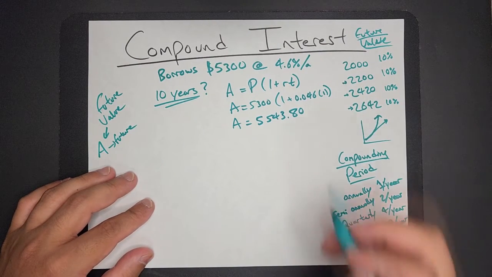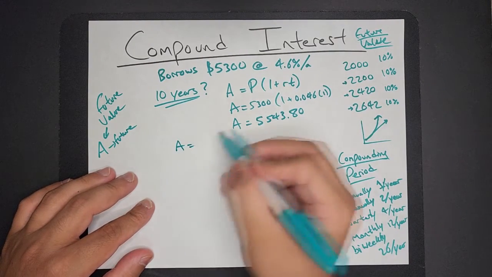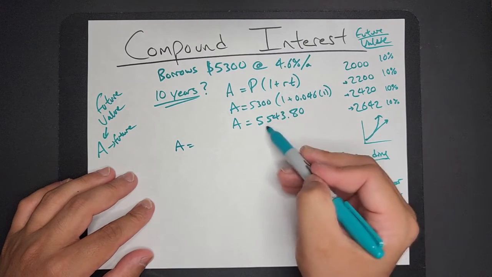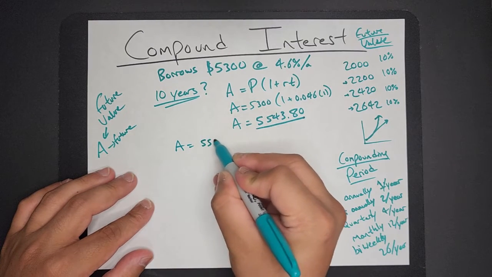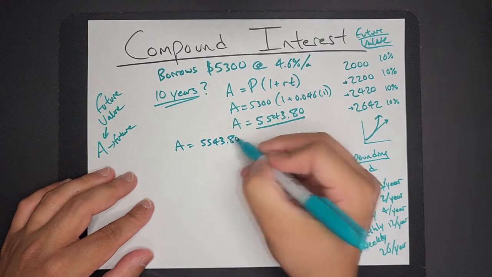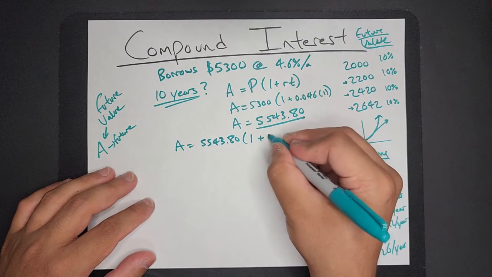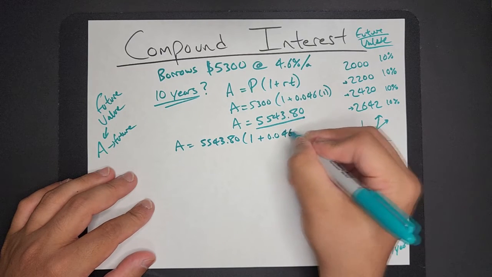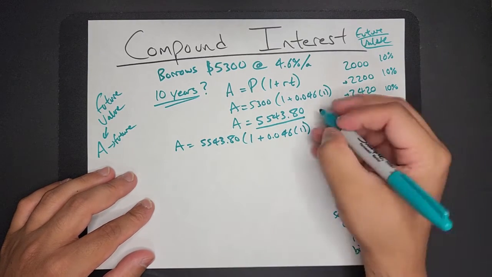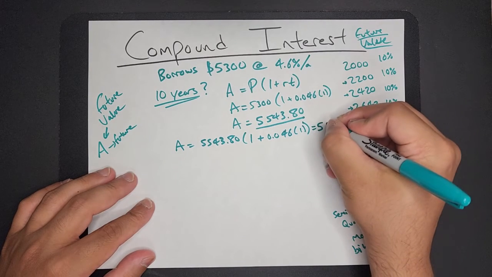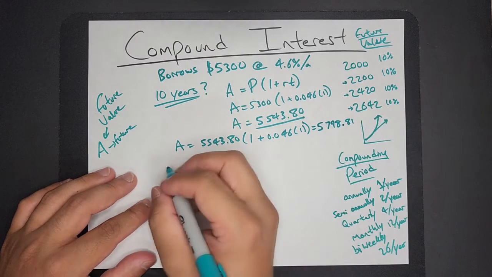And if you do the same calculation again, now with this new principal, now we do the same formula, but now this is our new P. So we do 5543.80 times 1 plus 0.046, and you get 5798.81.